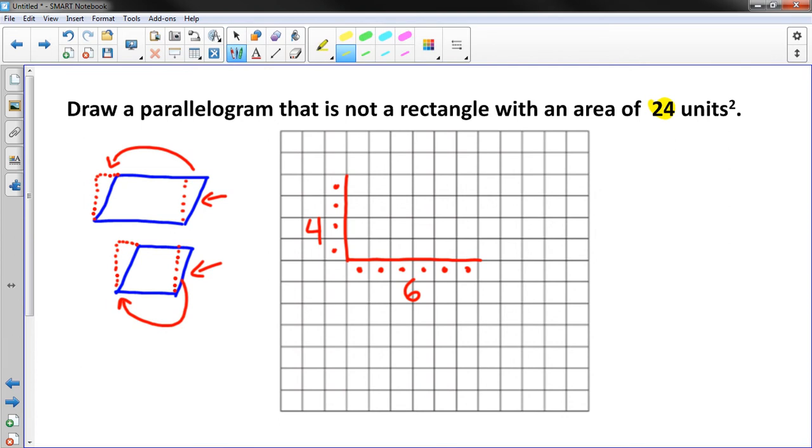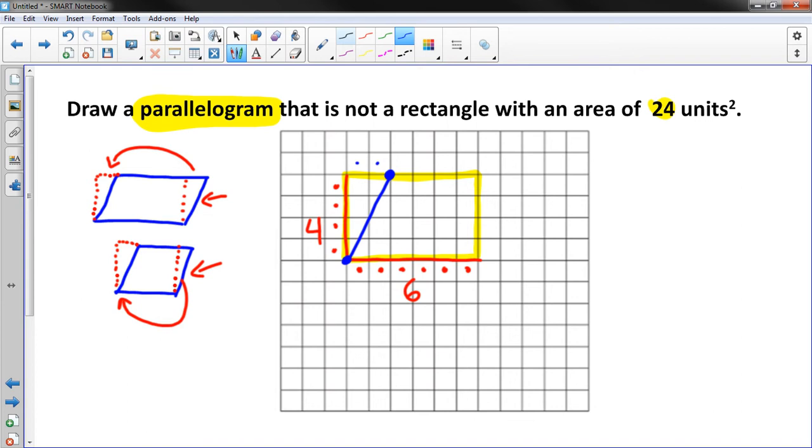So I'm just going to imagine that there is an imaginary rectangle right here. That's an area of 24. But remember, we want a parallelogram that's not a rectangle. So I'm just going to draw it a little lopsided. Now what I do is I'm going to put a dot here. That's going to be one of the corners. And up above, I'm just going to shift it over 2 spots and then put my corner here. And then connect it like that.